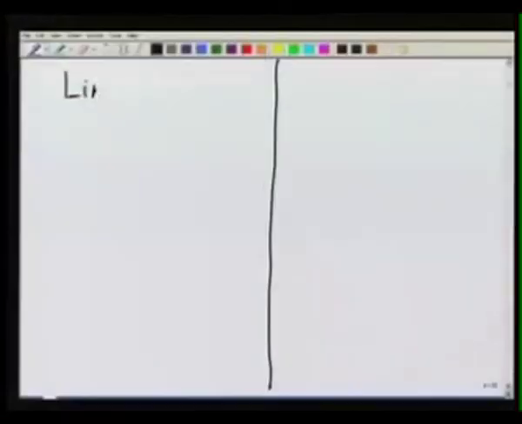Let me, for your benefit, compare how a linear system is different from a nonlinear system in terms of the superposition principle. This is a linear system.